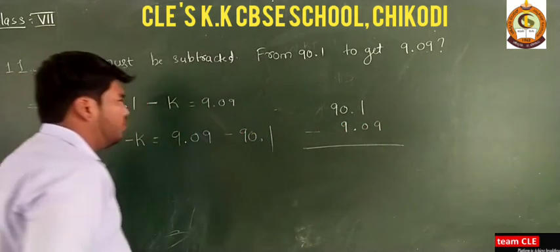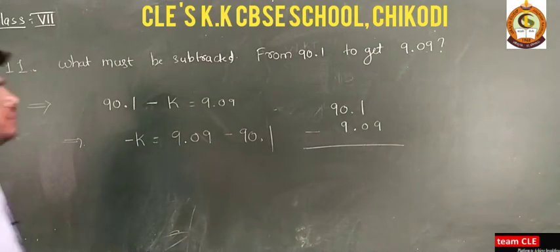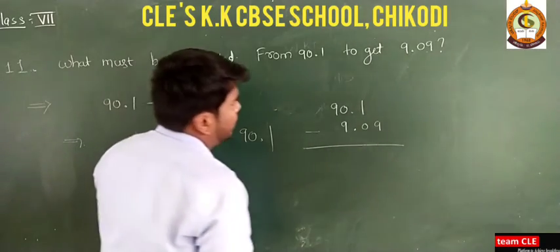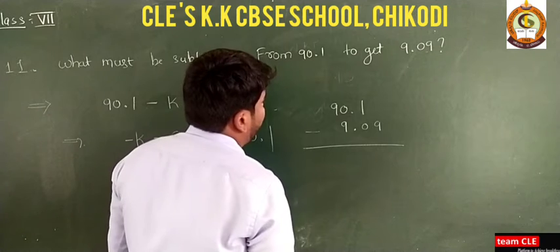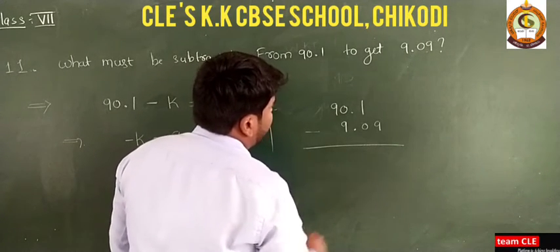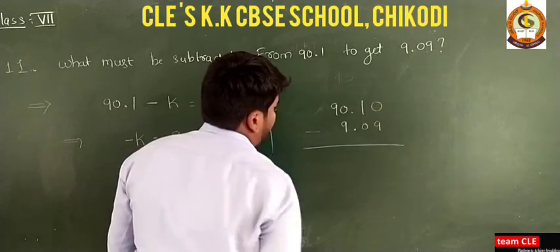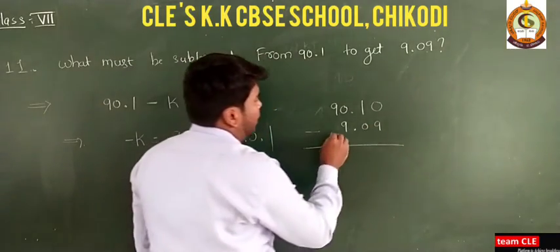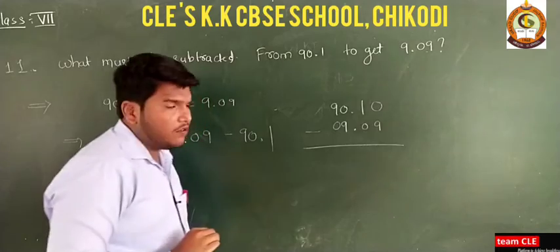Okay, so this you have to do as subtraction. If you do this subtraction, 90.1 minus 9.09, you need to add one 0 here. Okay, this is unlike decimals, so just make it like decimals.